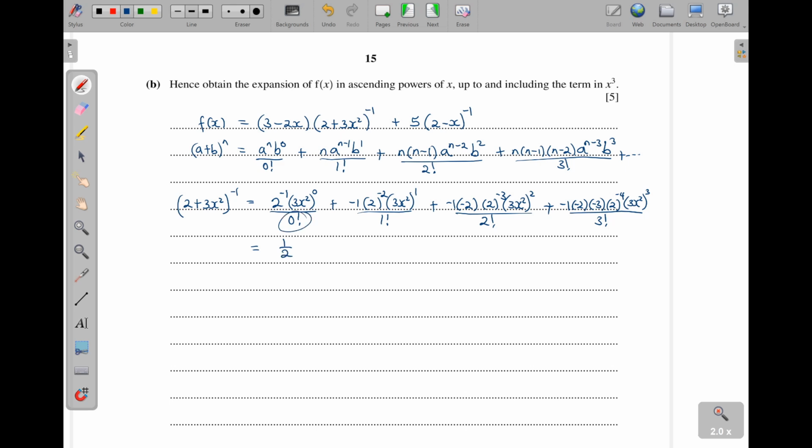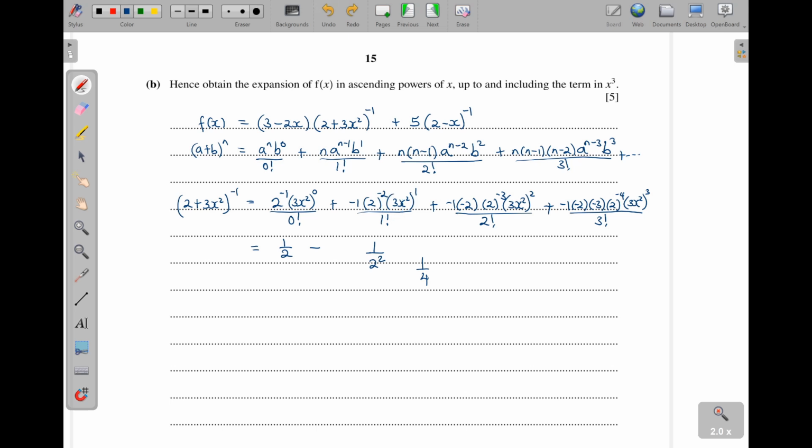0 factorial is a 1 because there is one way of arranging an empty set, and also any number to the power of 0, that one is a 1. So we have a half, then minus. This one here is going to be a negative first of all, because we have it here. And then 2 power negative 2 is the same as 1 over 2 squared, which is the same as 1 over 4. But there is a 3 here, so we shall multiply by that 3.